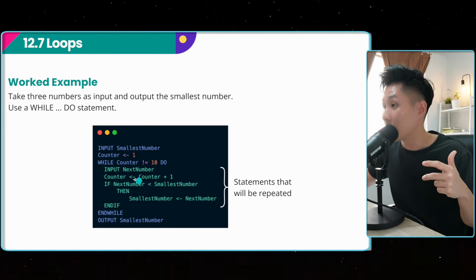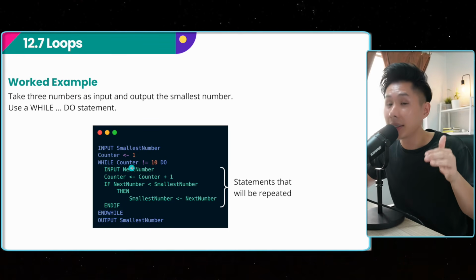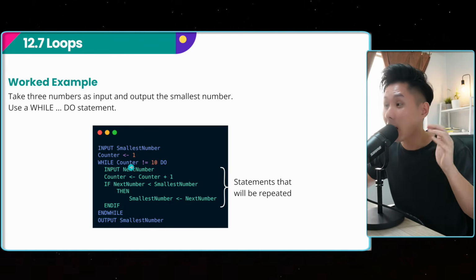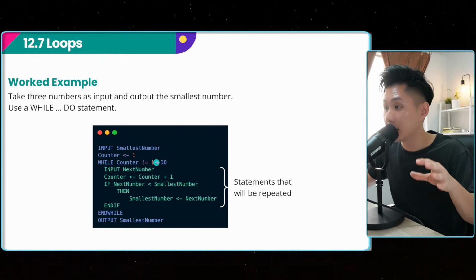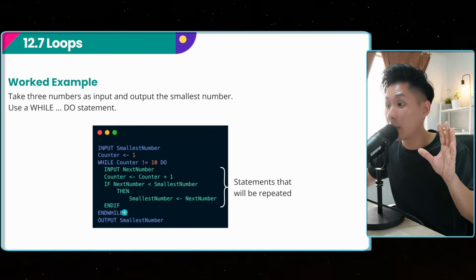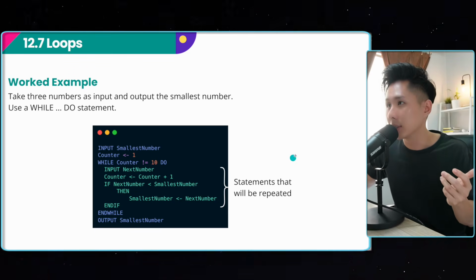So of course you can see that counter keeps incrementing, and when counter finally becomes 10, this condition does not hold anymore, and the program will no longer repeat its statements. So this is how we use a while loop.